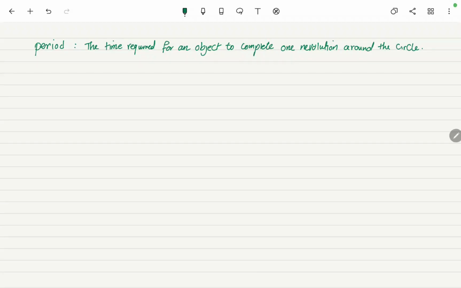Based on the previous models, the period, identified as capital T, is equal to the length of the path, or the circumference of the circular path, 2 pi r divided by v, and it is measured in seconds.